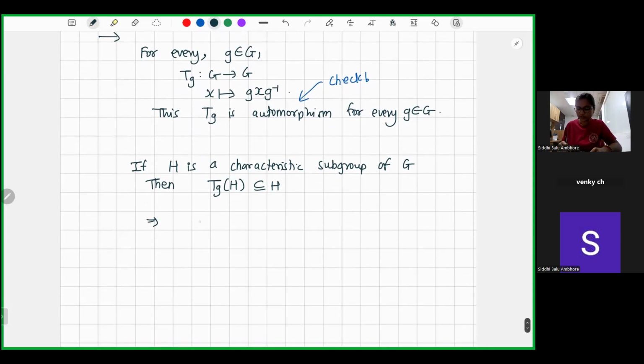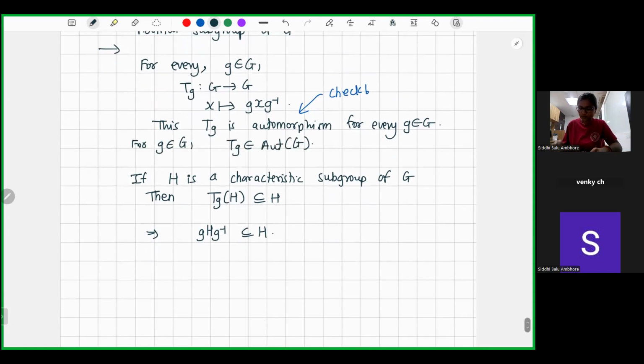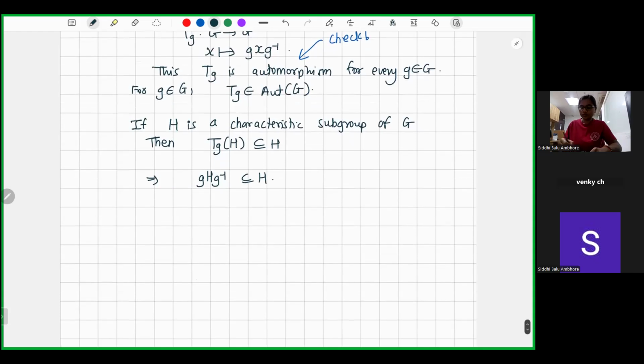But what is T_g of H? It is g h g inverse, must lie in H. And for each g in G, T_g belongs to Aut(G). Okay, so this must hold for every g.